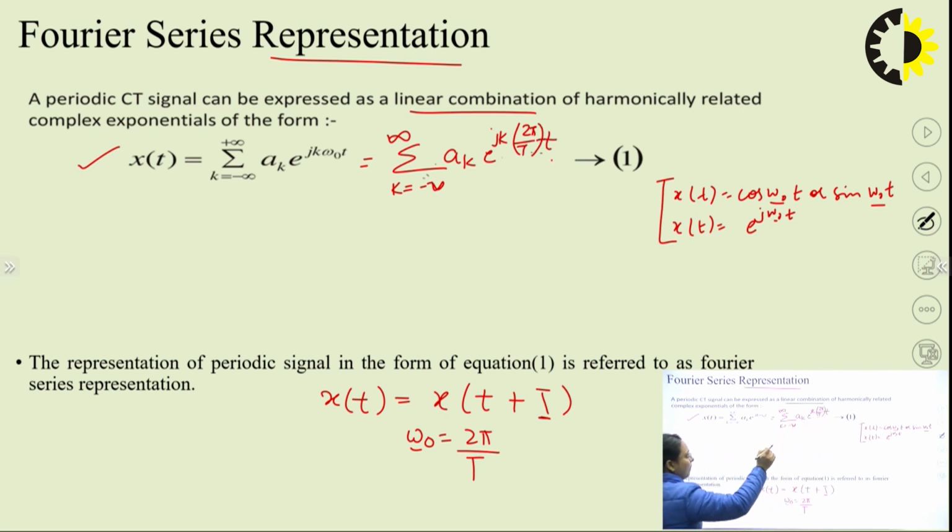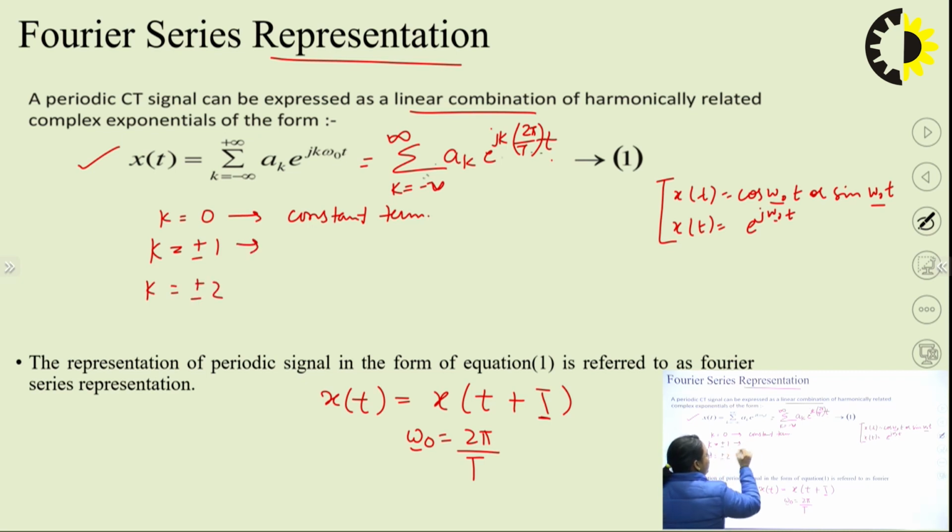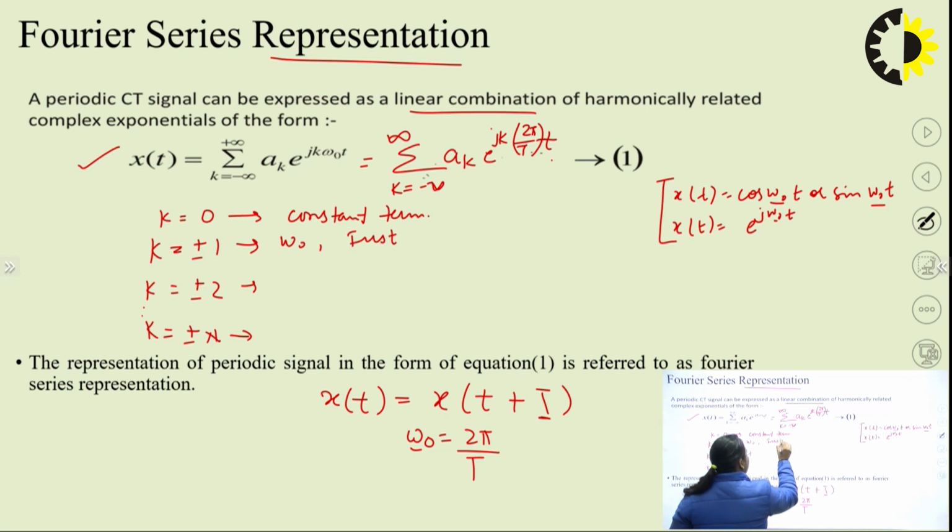Here, the term for k equals 0 will be a constant term. The terms for k equals plus minus 1 have the fundamental frequency omega naught and are also called the first harmonic component of the signal.